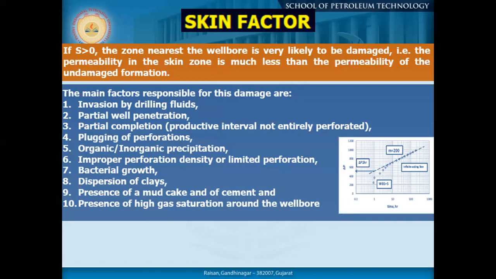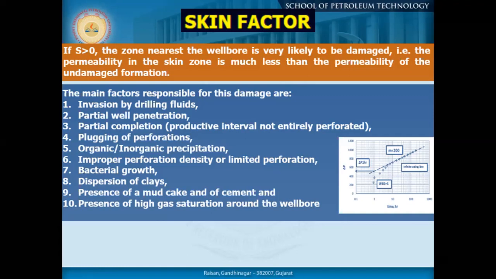It may be due to sand incursion, asphalt deposition, wax deposition, or precipitation, organic and inorganic. Then improper perforation density or limited perforation, which sometimes happens when we use a dynamite gun to perforate. Sometimes all the guns may not blast, so we may have different types of improper perforation.